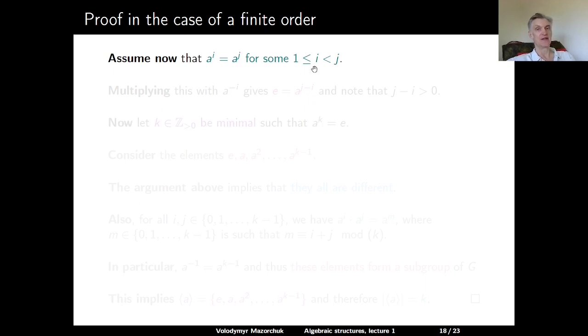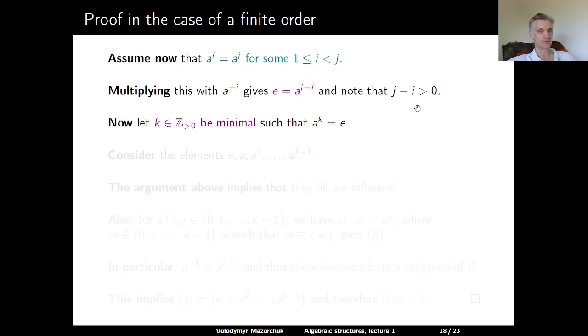Now let us look at the opposite case. Assume that there are some positive integers i and j, with i strictly smaller than j, such that a to the power i is equal to a to the power j. If we multiply this with a to the power minus i, we get the identity is equal to a to the power j minus i. Note that j minus i is a positive integer by assumption.